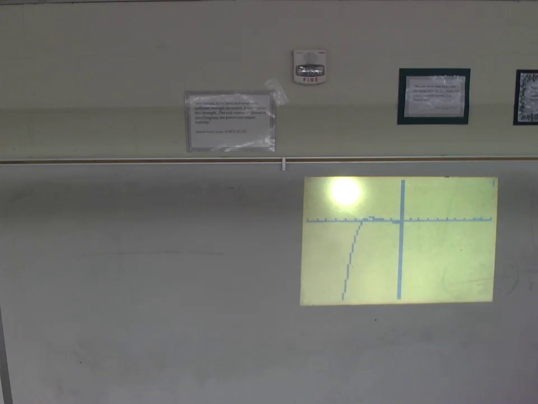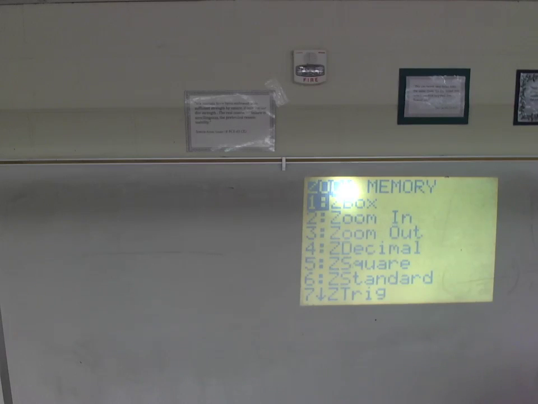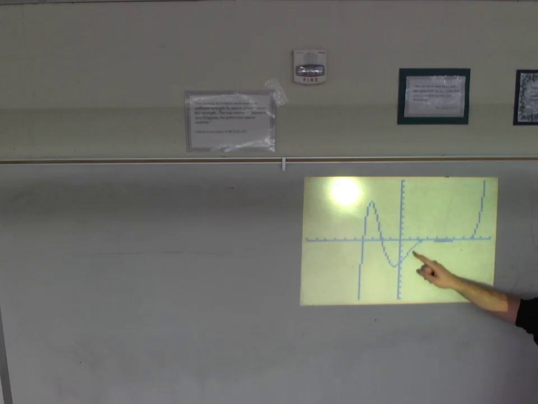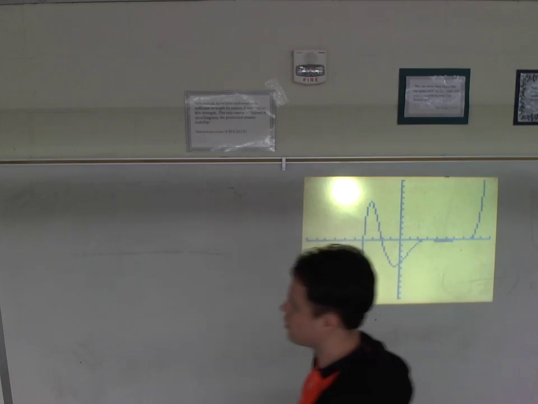My window's funky. So I need to change it. Zoom standard. There we go. Isn't that really similar to what we had? Mm-hmm. The only difference is I think something funny's happening in here. So the reason I'm putting this up here, besides checking what we just did, is just a piece of vocabulary.